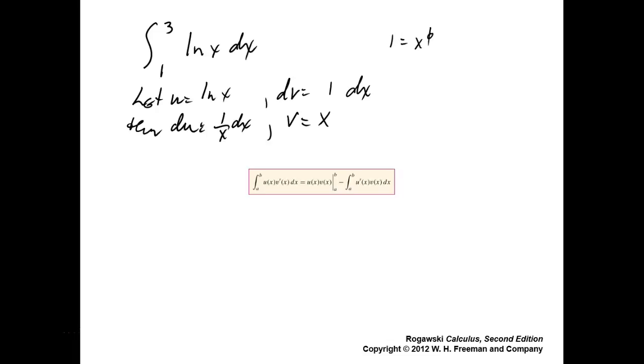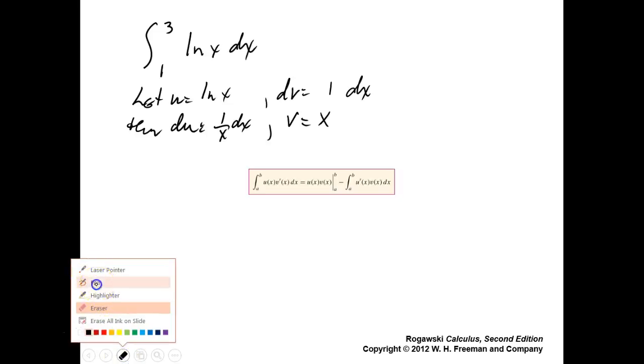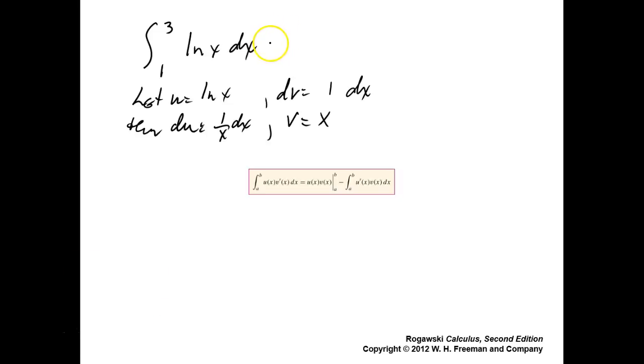Once you've determined this, and what I'm going to do is erase this over here because I need that space. Once you've figured out what your u and dv is, you do u times v, which is the product of these two.